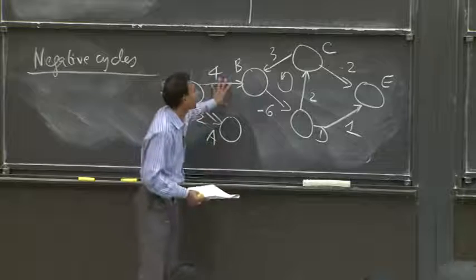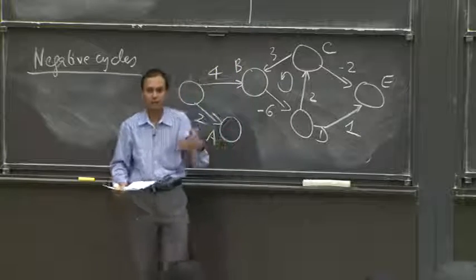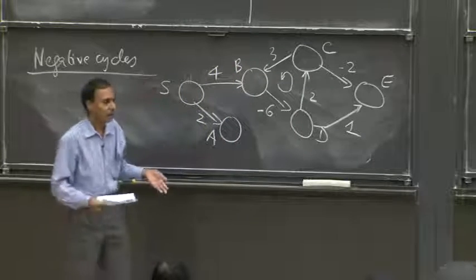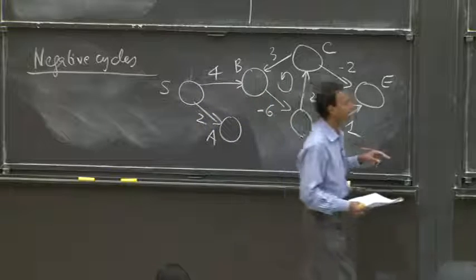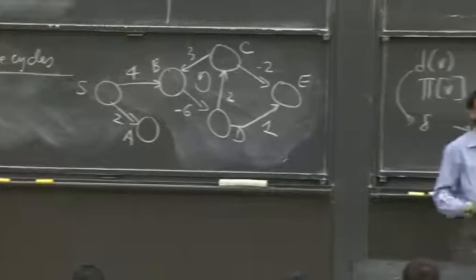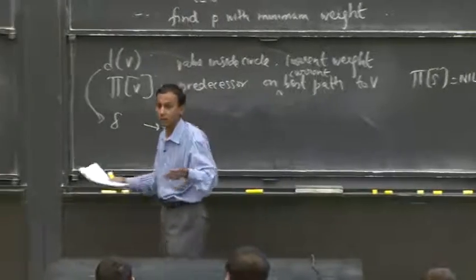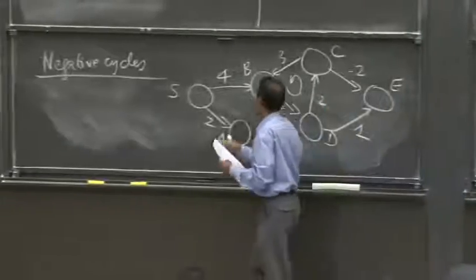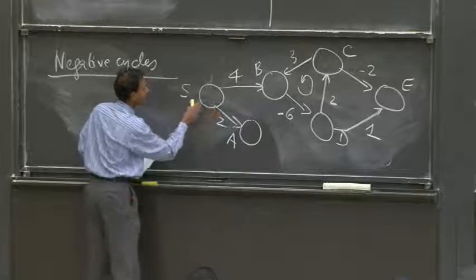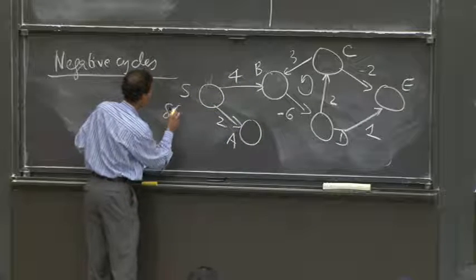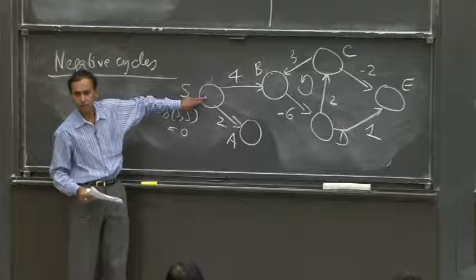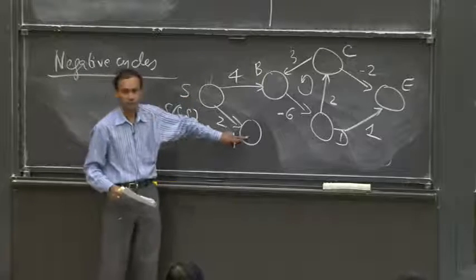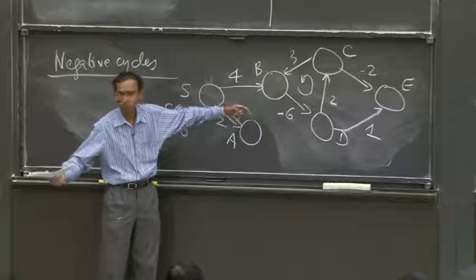So what would you like an algorithm to do? What would you like Bellman-Ford to do here? It's not the case that all of the delta values, that is the shortest path values, are undefined for this graph. Some of them are well defined, right? This one, you can't ever get back to it, so clearly delta SS is 0, right? Everybody buys that. What about this one? It's 2, right?